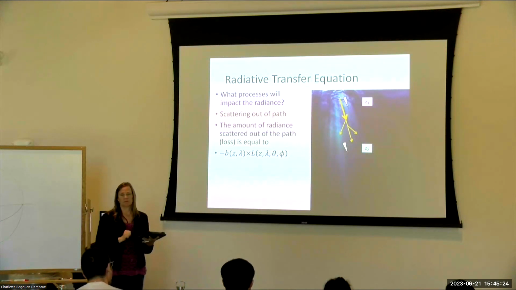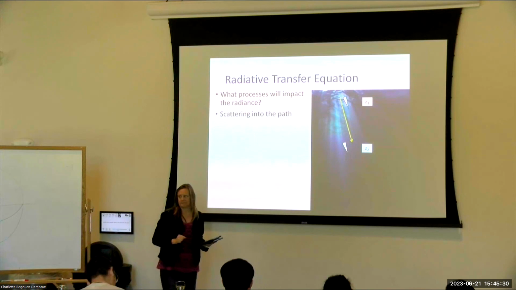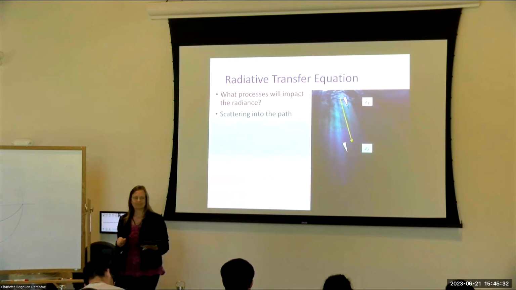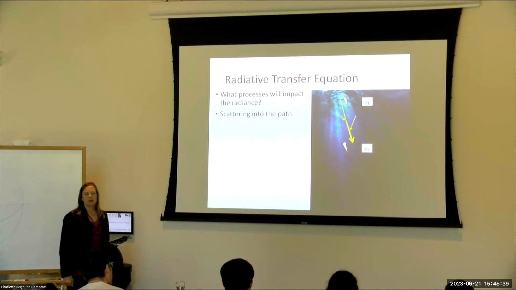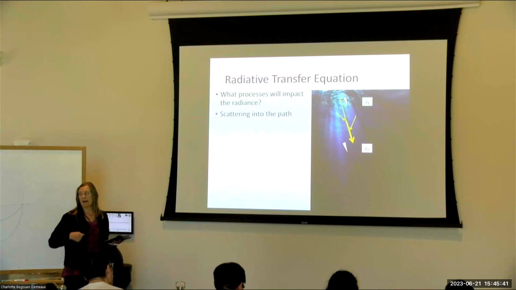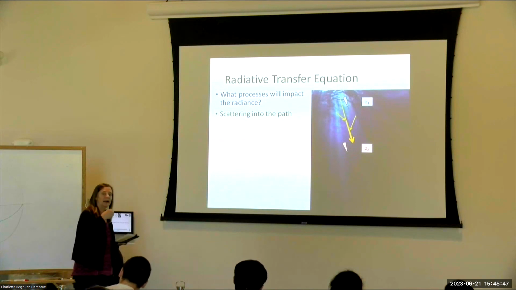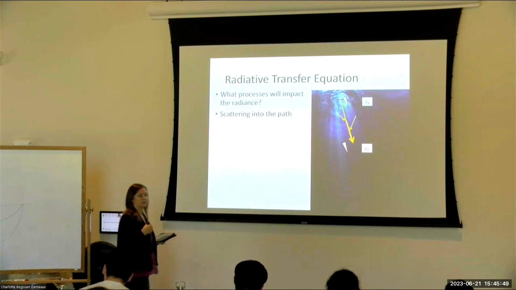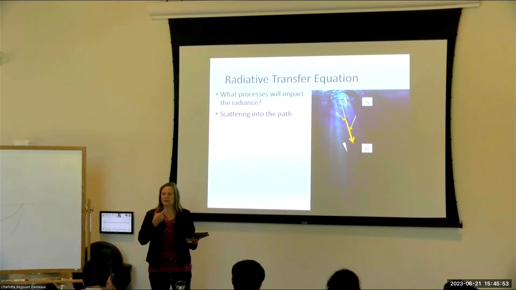And then we save the hard one for next. We save the scattering into the path. So that is going to look something like this: radiance from some other angle being scattered by a particle into your angle of interest, your theta and phi. And so what do you need to know to figure that out?